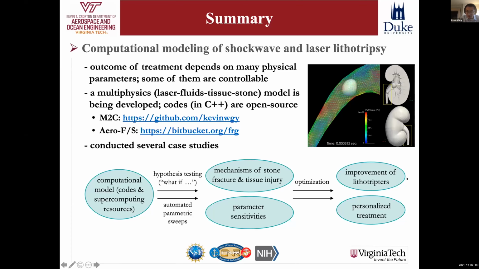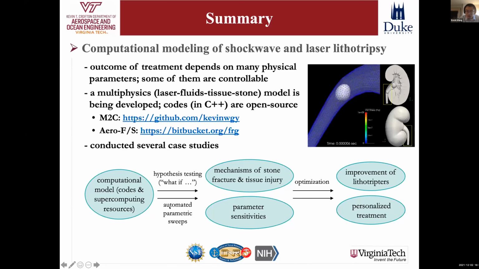Finally, this flowchart shows in our mind the general research strategy. We think that this type of computational model can be used in at least two ways. First, for hypothesis testing to answer many what-if questions. For example, what if the shape of the profile of a laser pulse gets changed?